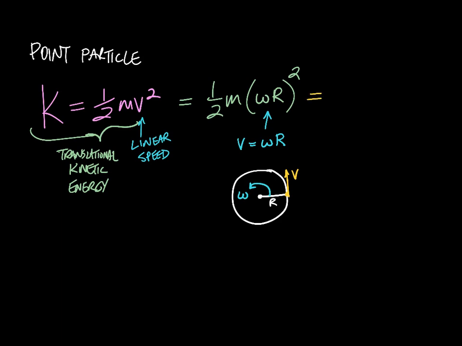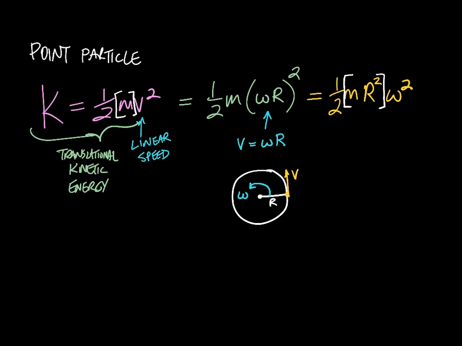The 1/2 is a constant, the mass is a constant. And omega r, if I square omega r, I'm going to get omega squared r squared. So I could write r squared omega squared, and what that does is it allows me to kind of keep these features of the system separate from the numeric constant and the speed part of this energy statement.